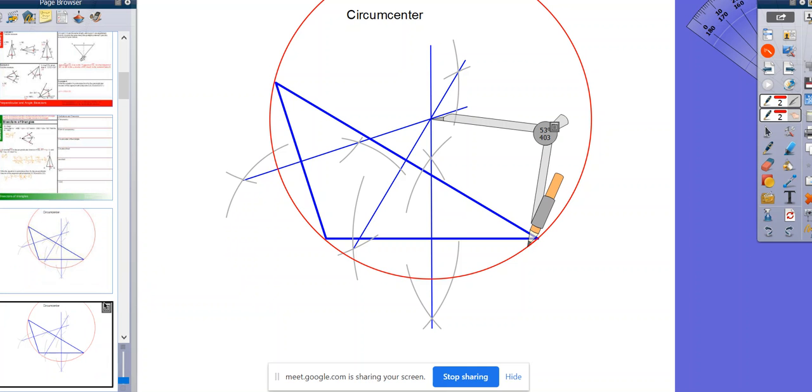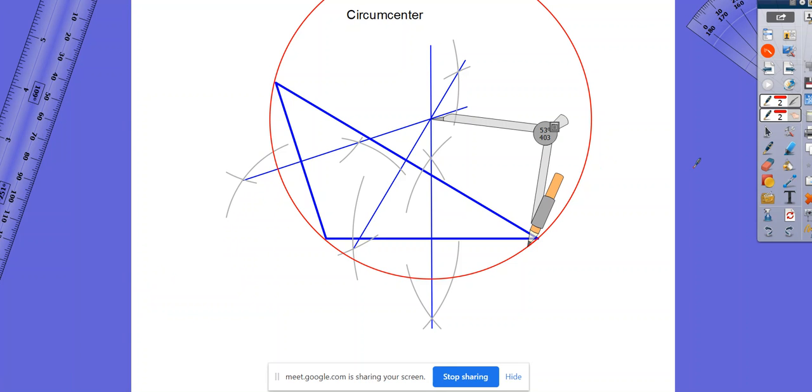What would the definition be exactly? We don't have what we write down in our notes. Simply, the circumcenter is equidistant from all of the vertices of the triangle. And to create the circumcenter, you have to find where all of the perpendicular bisectors intersect.